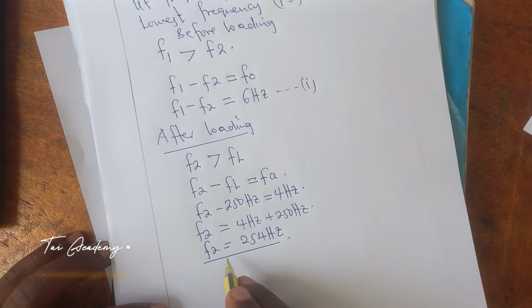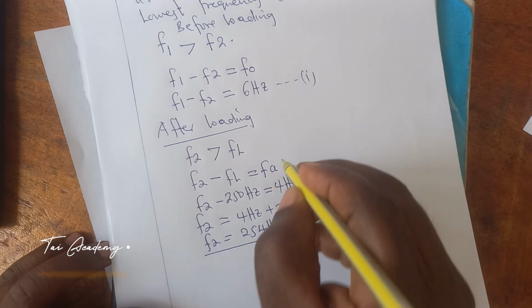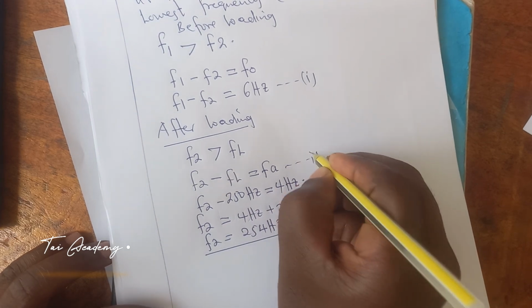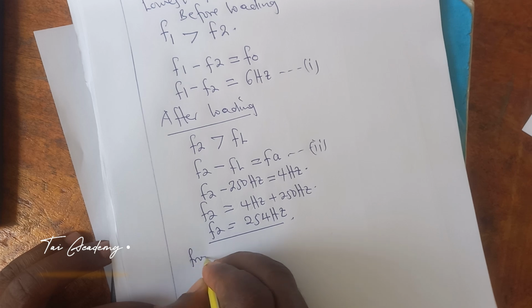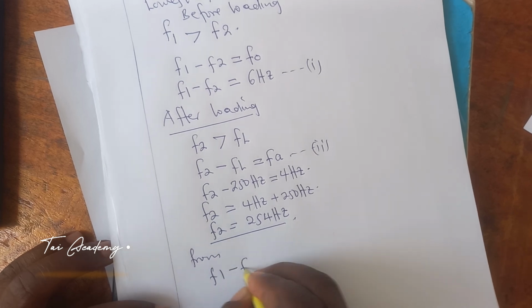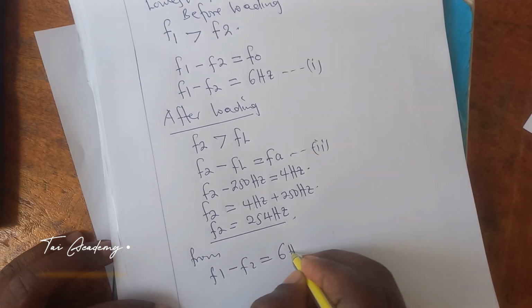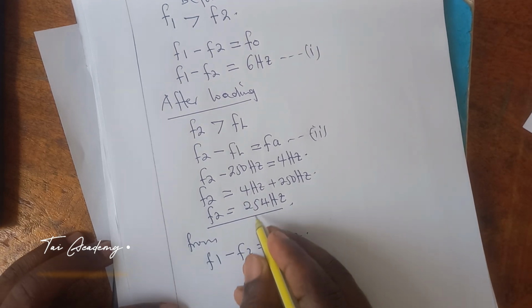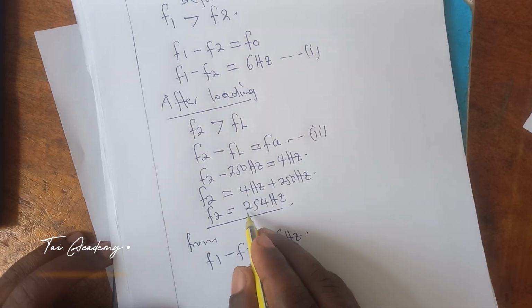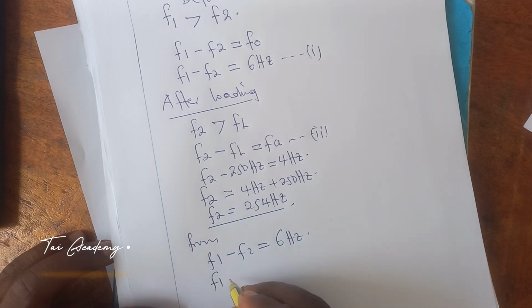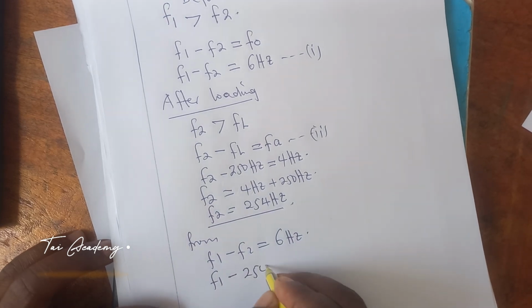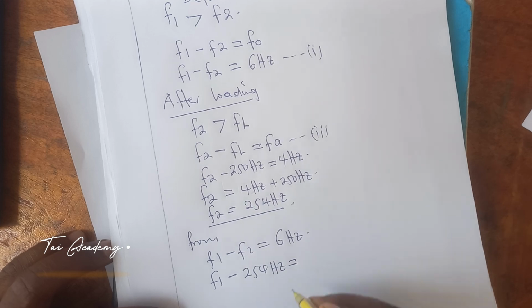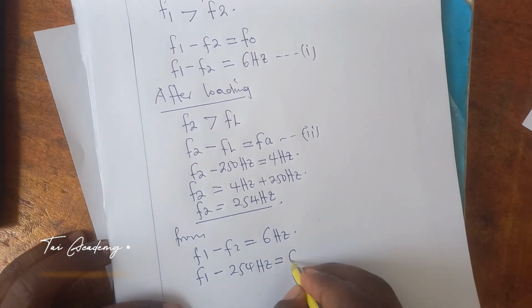Now, this was equation 2. From equation 1, frequency 1 minus frequency 2 equals 6 Hz. Frequency 2 we already have, which is equal to 254 Hz. So frequency 1 minus 254 Hz equals 6 Hz.